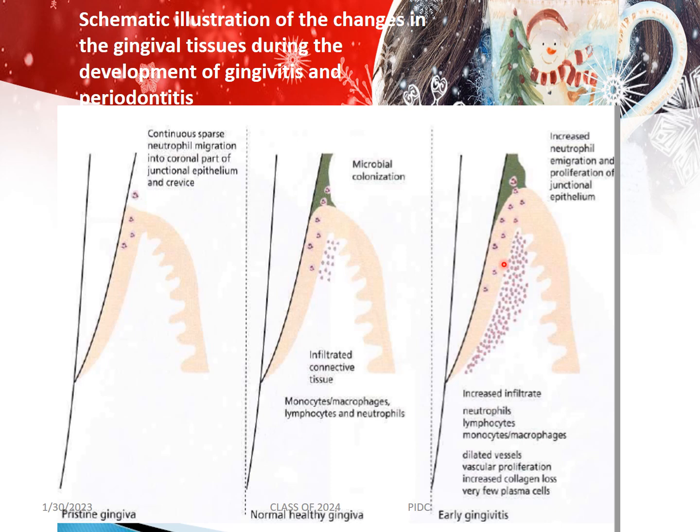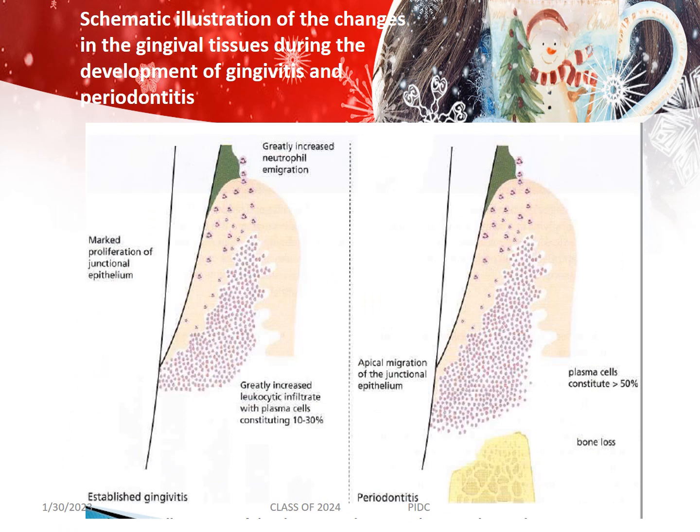During this process, the junctional epithelium also proliferates a bit. So when it is in an established state, you can see the amount of neutrophils which have infiltrated the connective tissue and the neutrophils which have gone into the junctional epithelium in response to the bacteria. So this all happens, which helps in combating the infection.